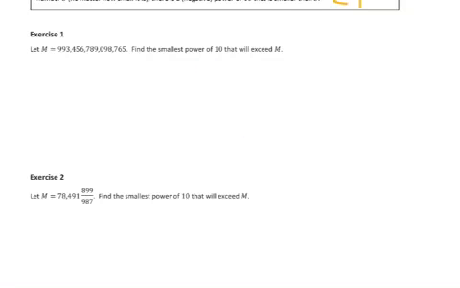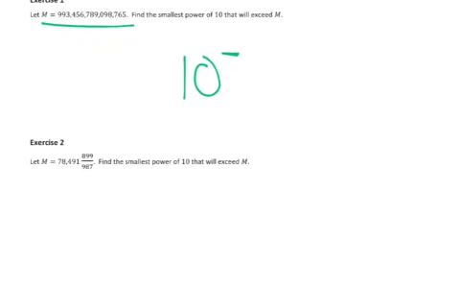So right now I want you to try exercise 1 and exercise 2. Exercise 1 is exactly what we've been doing. You want to think, 10 to what power would exceed my original value. And for exercise 2, same thing, 10 to what power would exceed my original value. Now for exercise 2, do not get thrown off with this fraction. 899 over 987 is super close to 1.